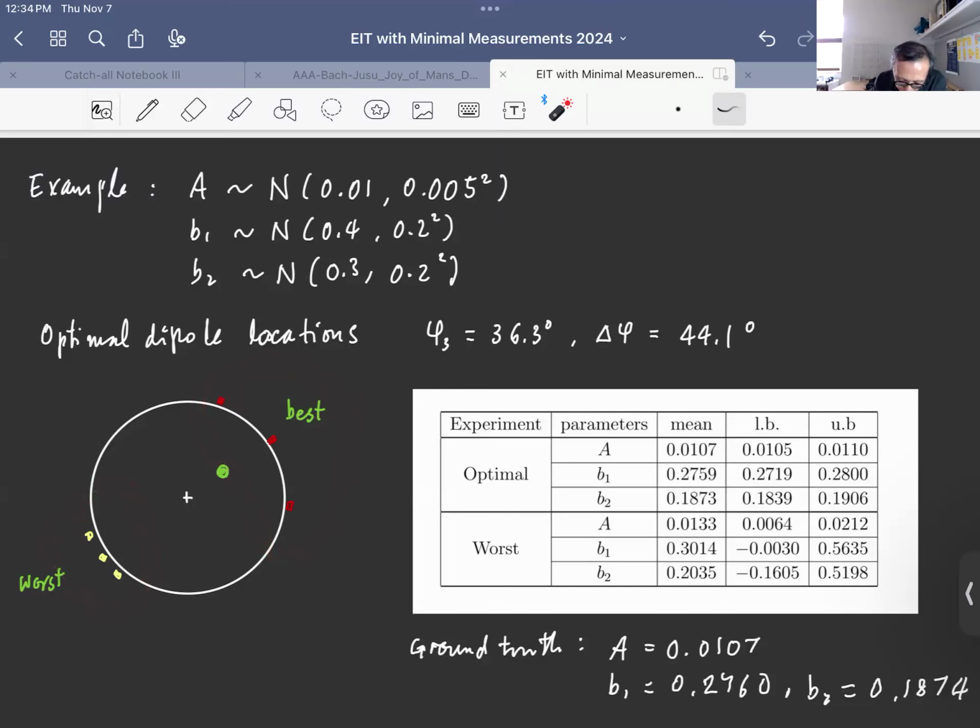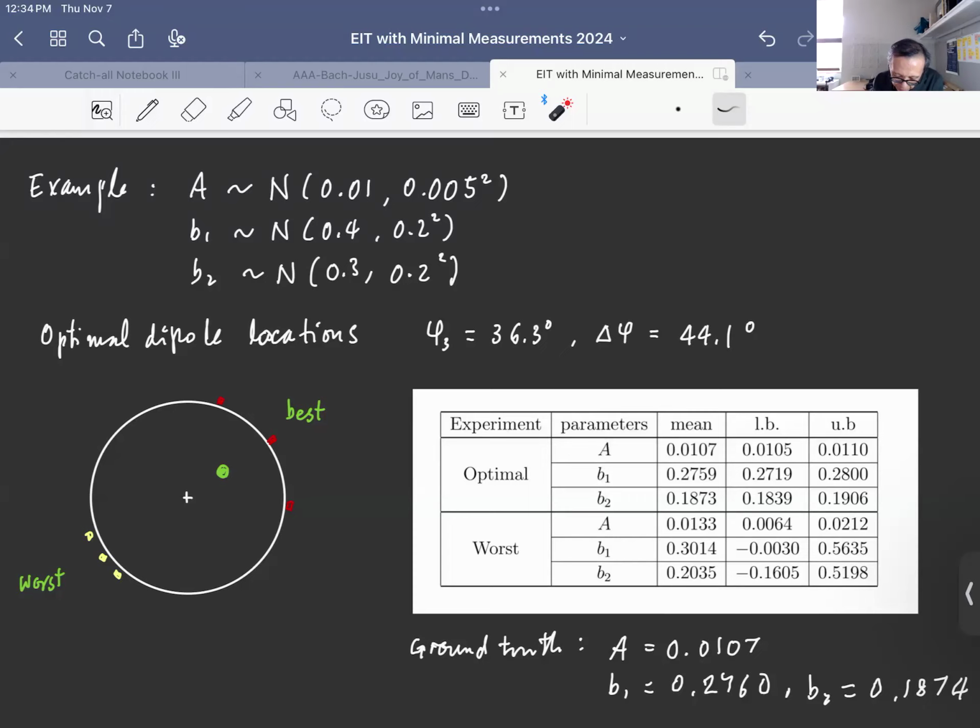In the good measurement case, the parameters A, B1, and B2 are very well estimated from the data. You have exactly the same A, a little bit off for B1, and a little bit off for B2. On top of that, because we are doing this using a Bayesian approach, we actually have confidence bounds.